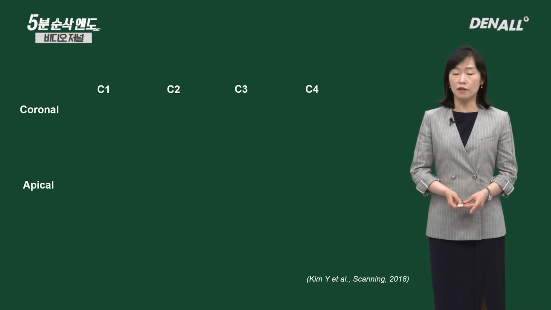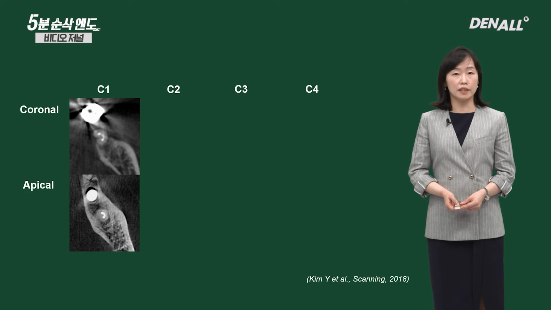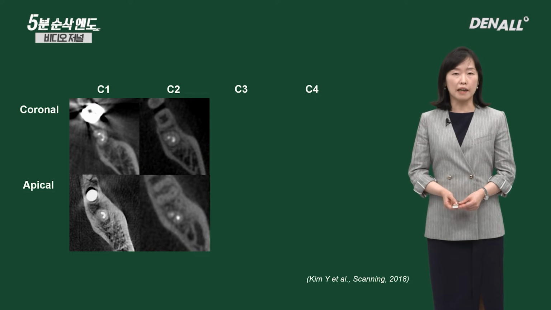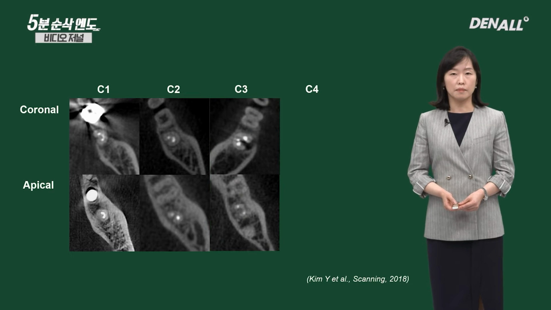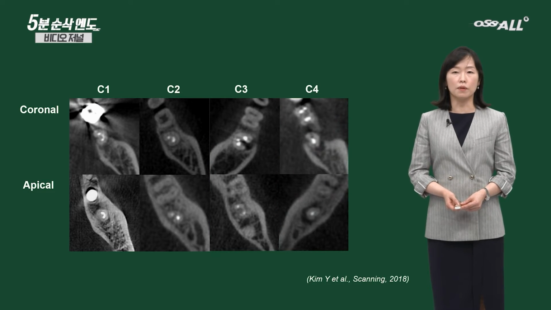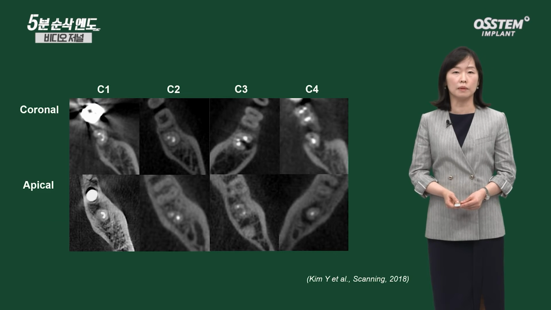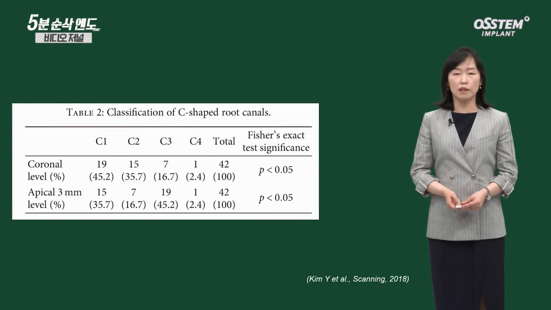In the previous study, I looked at CBCT before surgery to look at different shapes in the coronal and apical areas: C1 continuous type, C2 semicolon type, C3 separated type, and C4 single round oval shape. I summarized them in a table.